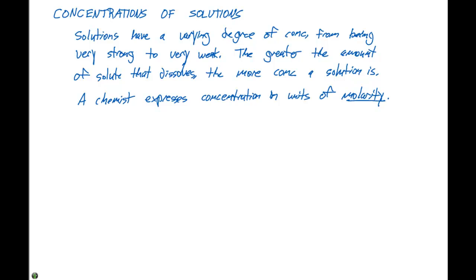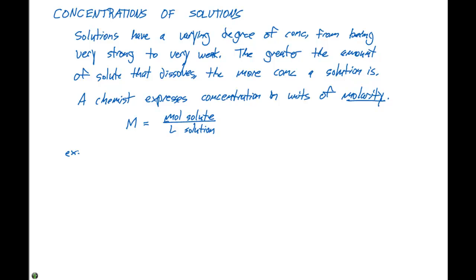So molarity is our concentration unit, and molarity is abbreviated with a capital M. And the units that we're going to use are moles of solute per liter of solution. So we can look at these, and now we can do some example problems using this unit, which is molarity.